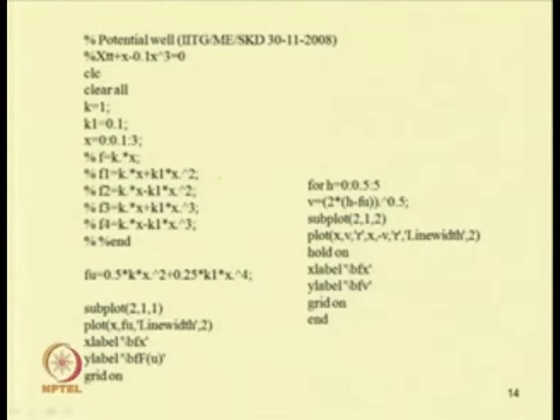One can take different values of small f(u), for example small f(u) equal to k x or k u, which is for the linear systems. Then for nonlinear systems with quadratic nonlinearity, one can take f1 equal to k x plus k1 x square, and for f2 another function can be taken.